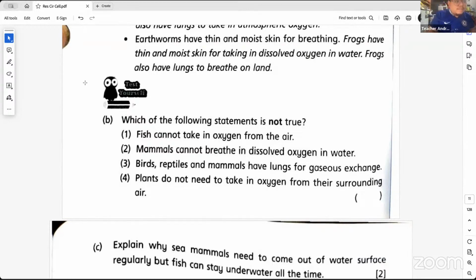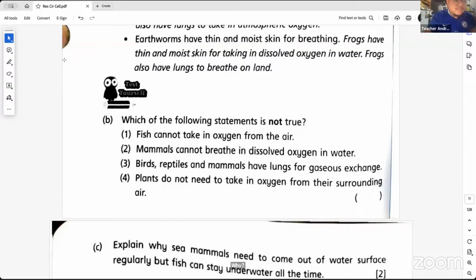Okay, I'm going to volunteer. Yes, Ruby. I think the answer is 4. Why? Because every living thing needs oxygen to live. Correct. Thank you very much.